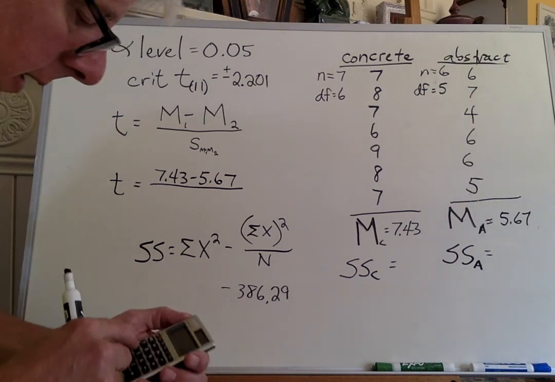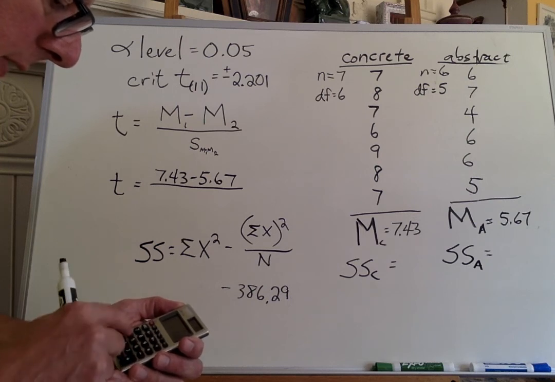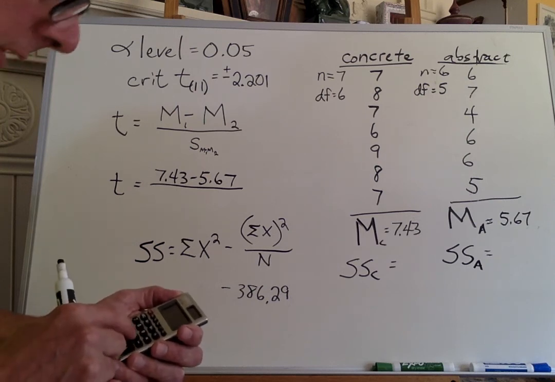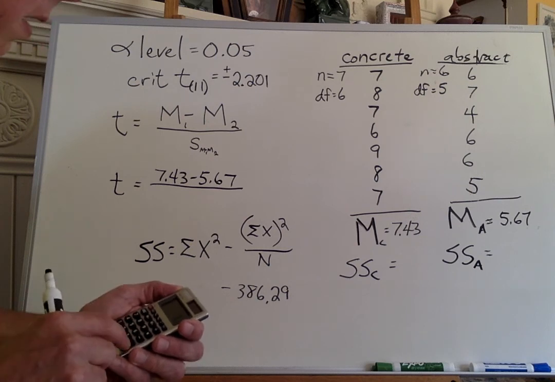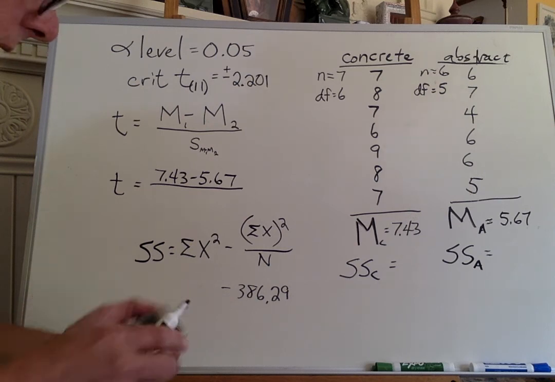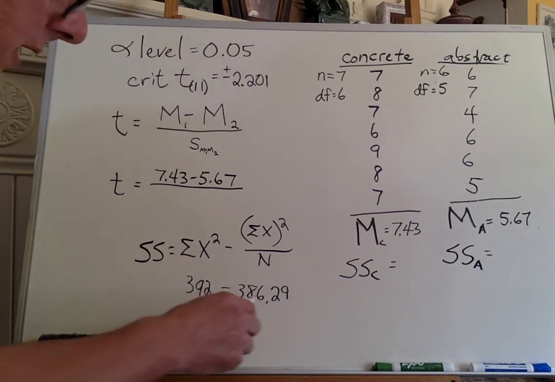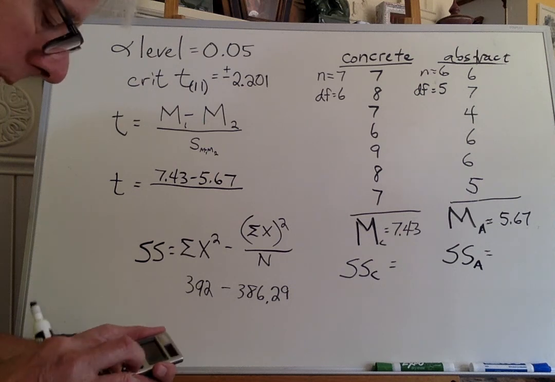Hint, hint. 49 plus 64 plus 49 plus 36 plus 81 plus 64 plus 49 equals 392 minus 386.29.